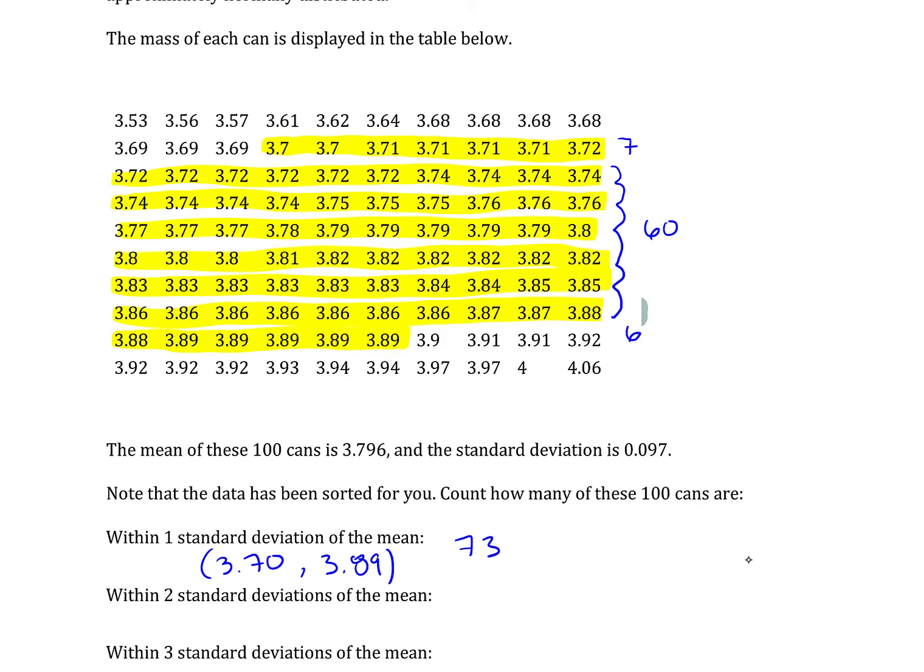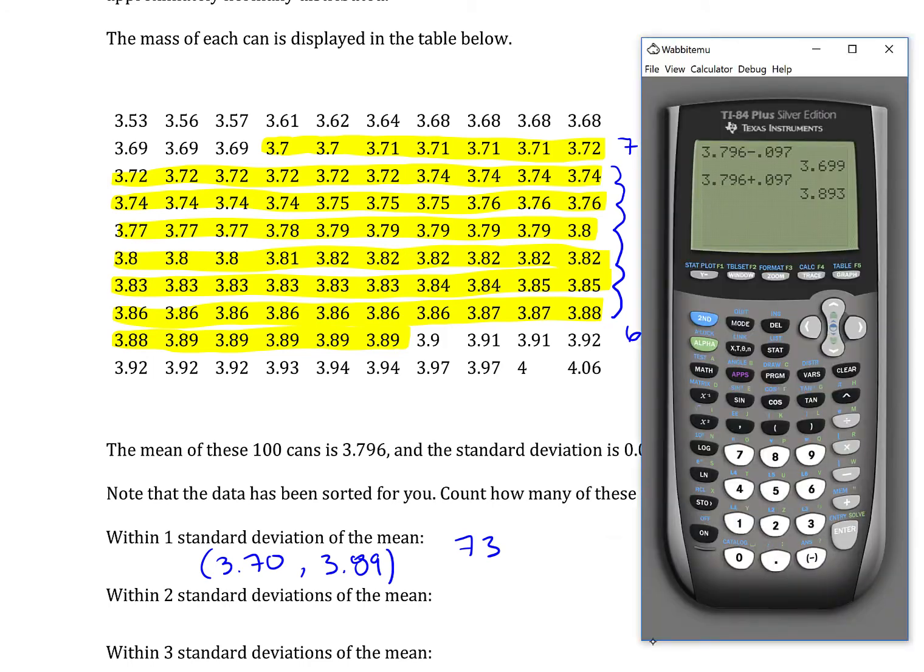So within 2 standard deviations of the mean, I would have to figure out again what those bounds are. So 3.796 minus 2 times 0.097, or I could take 3.699 minus 0.097.